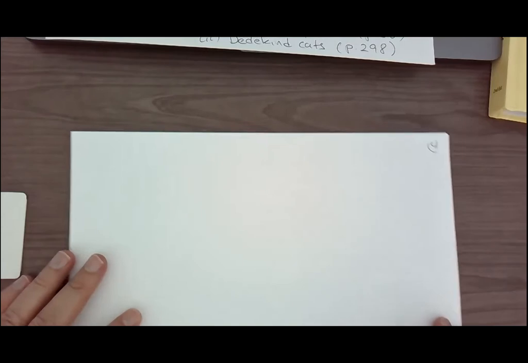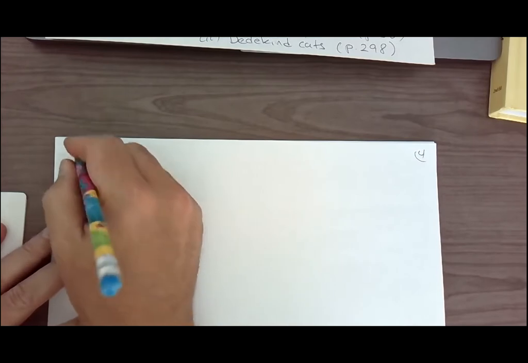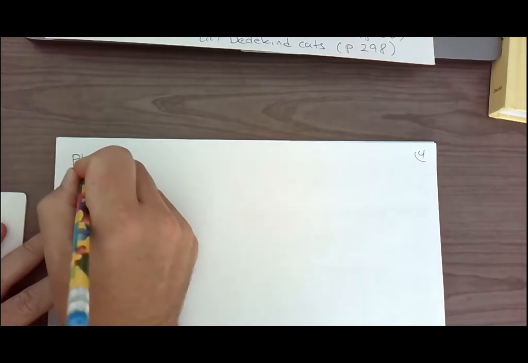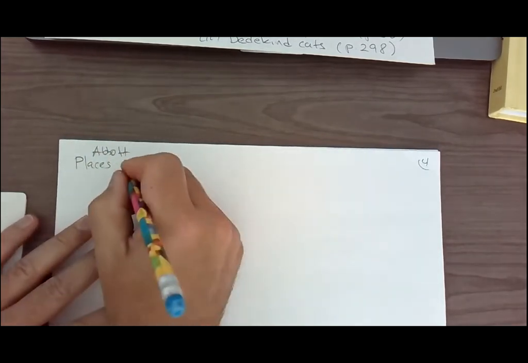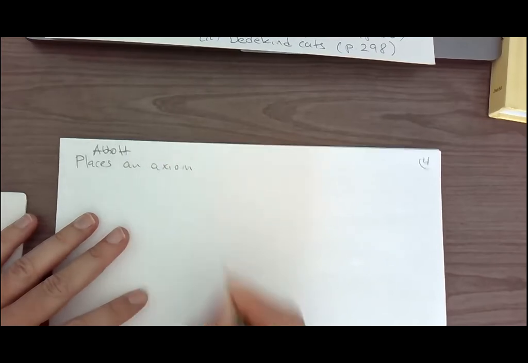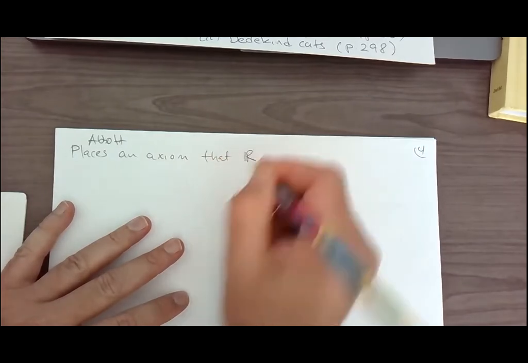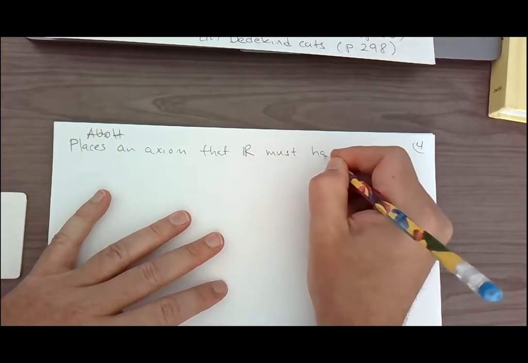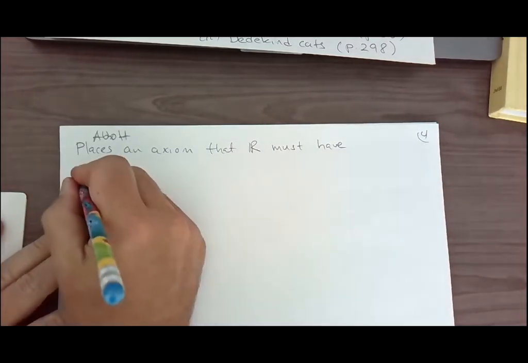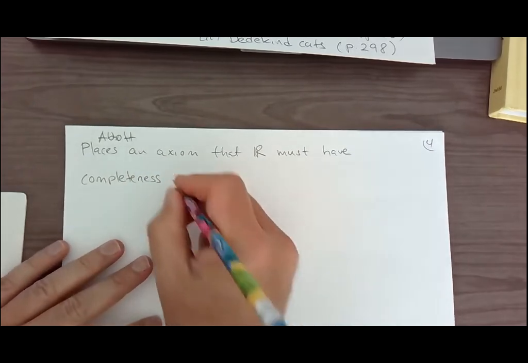So we will follow Abbott, and the way that Abbott gets around it is he places an axiom that R must have, and this axiom he refers to as the completeness axiom.